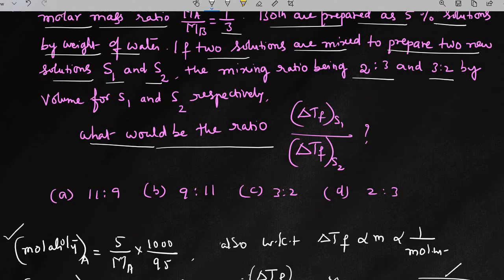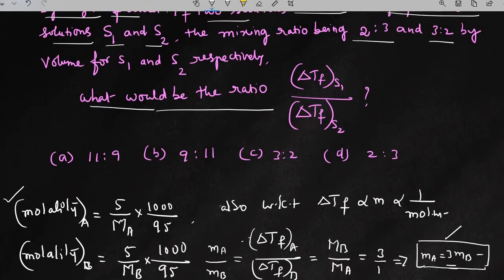So we have taken 95 as the mass of solvent. And similarly the molality of B we have calculated as 5 by mB into 1000 by 95. But we know that delta TF, the depression in freezing point, is directly proportional to its molality, inversely proportional to its molecular weight.